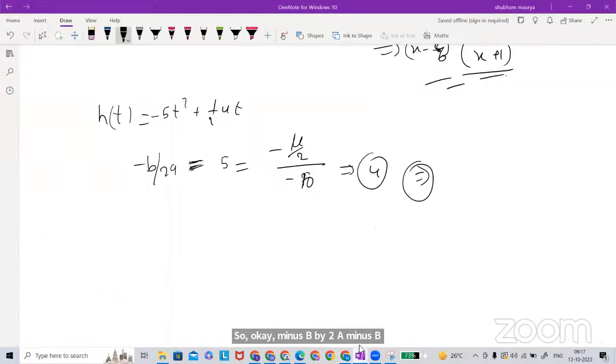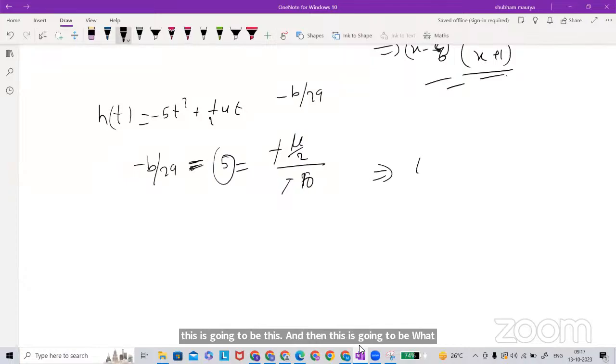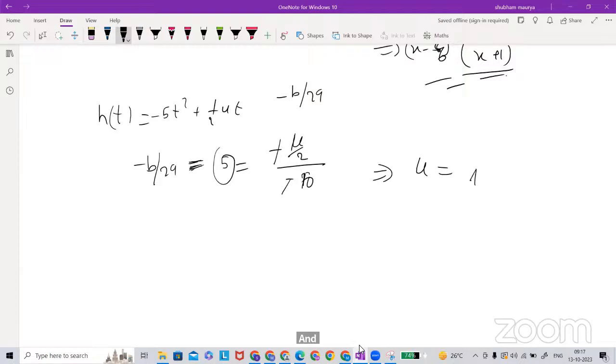So okay, let's calculate this. 5 is given. So minus b by 2a, this is correct, right? Minus u by 2 upon this, and then what is this going to be? U equal to 40?